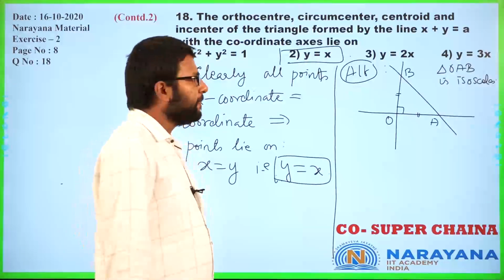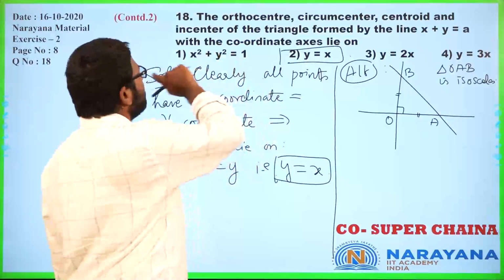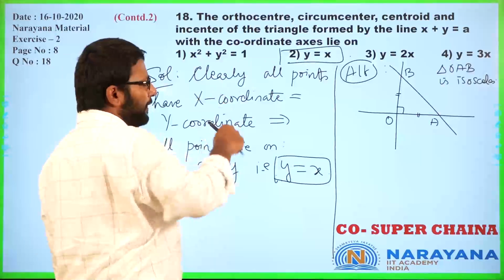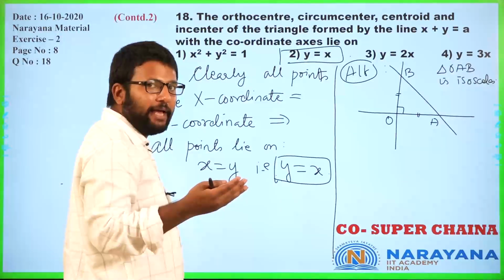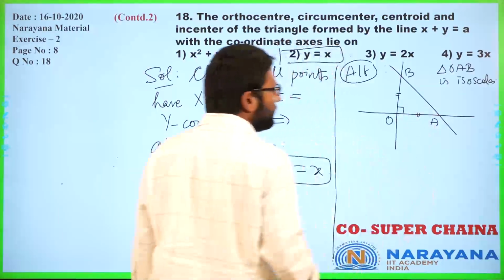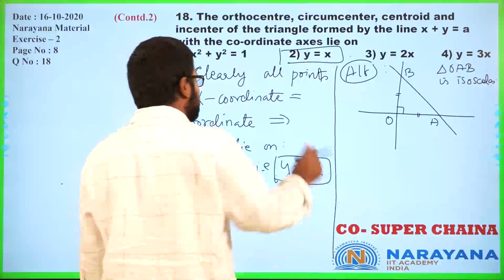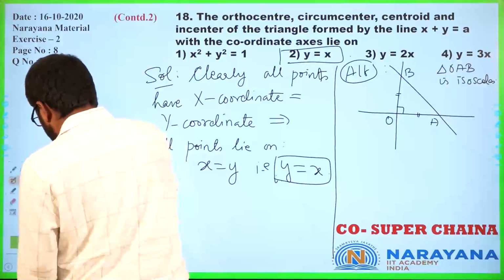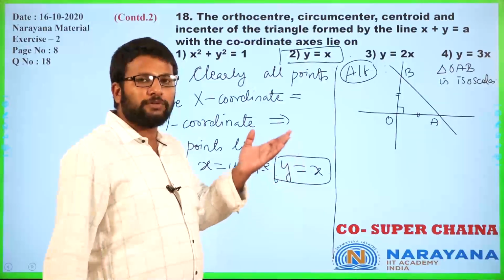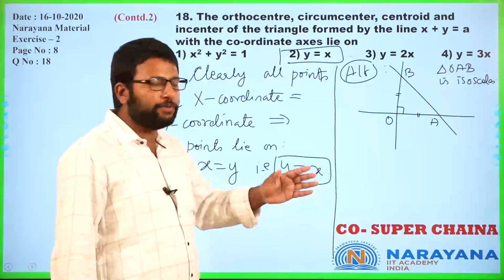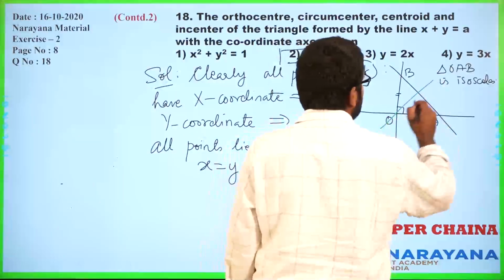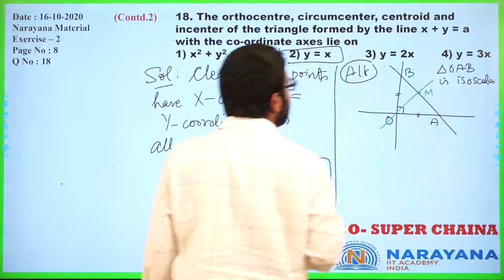Which means all the important centers will lie on the vertex through which the equal sides are going. Can you see that? Which means if I draw one median, which also serves as perpendicular bisector, altitude, angle bisector, right? One median. So if you draw that one median, call it M.